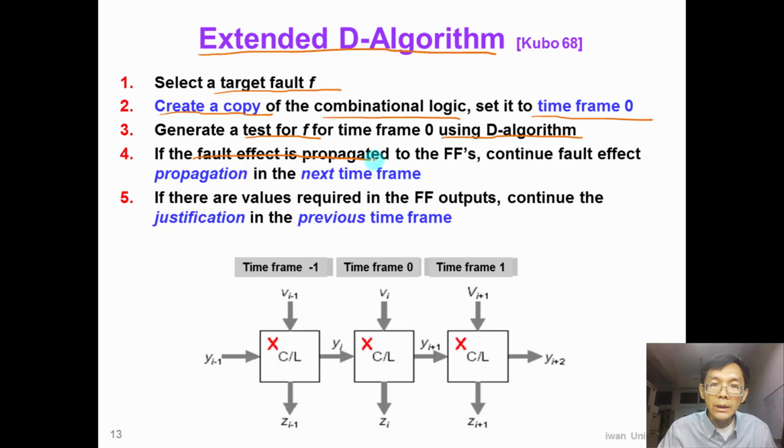If the fault effect is propagated to the flip-flop, we continue fault effect propagation in the next time frame. That means we create a time frame on the right. Step 5. If there are values required in the flip-flop output, we can continue the justification in the previous time frame. That means we can replicate the circuit to the left.